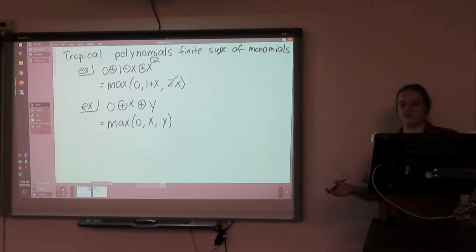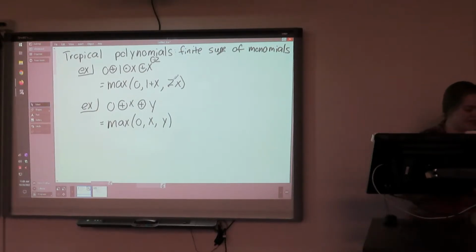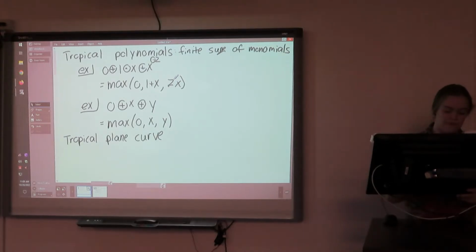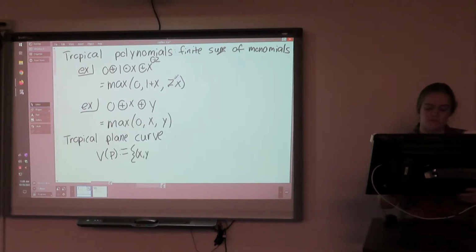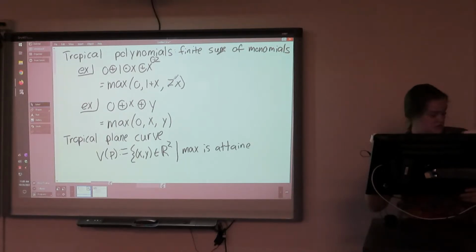So now we want to look at what this actually looks like. For that, we have to define the tropical plane curve, which is denoted V of P. That's defined as the set of x's and y's in R2 such that the max is attained by at least 2 monomials.